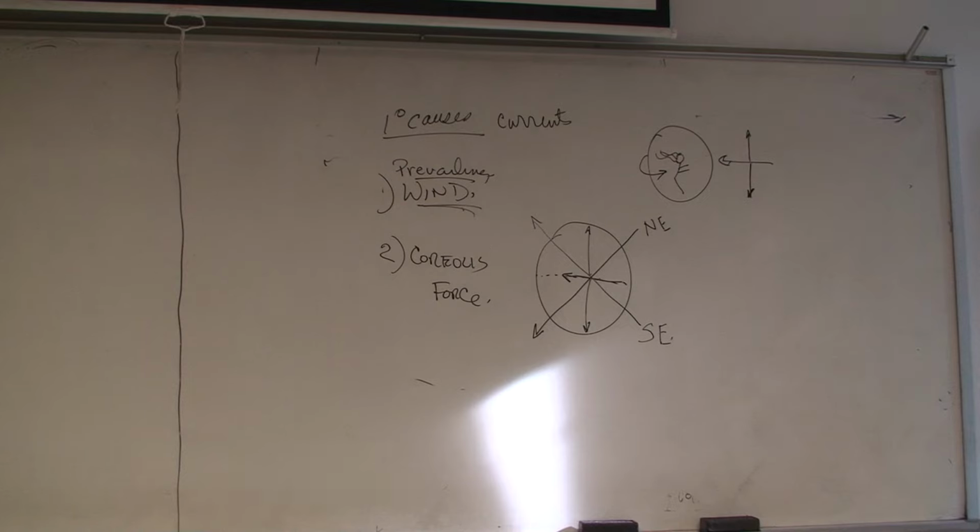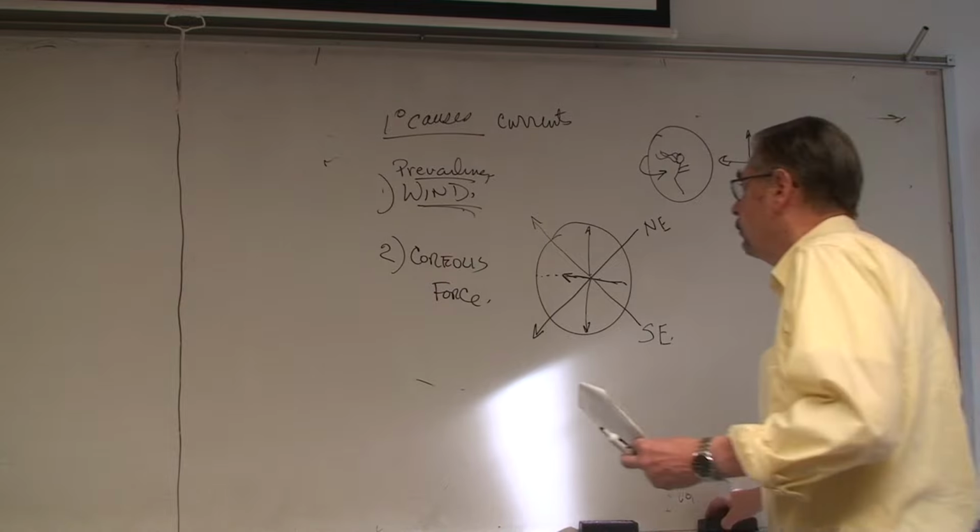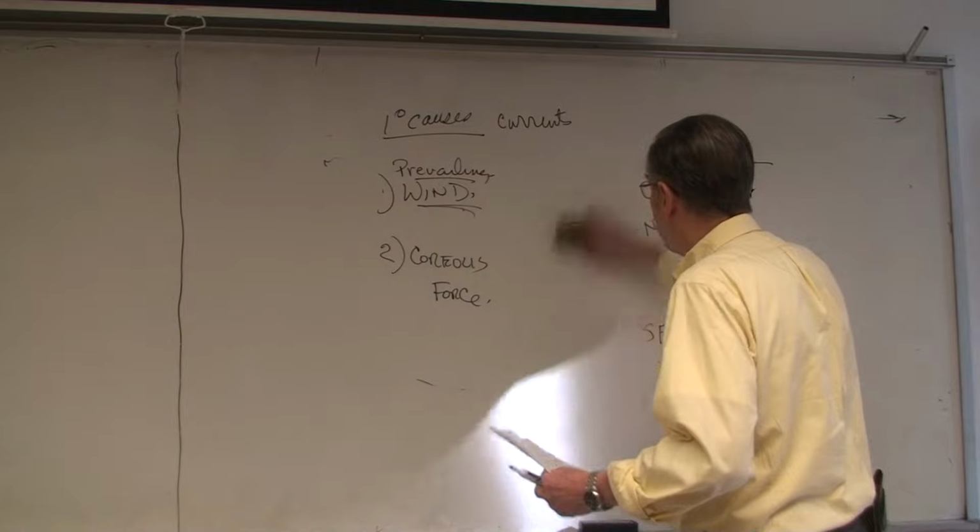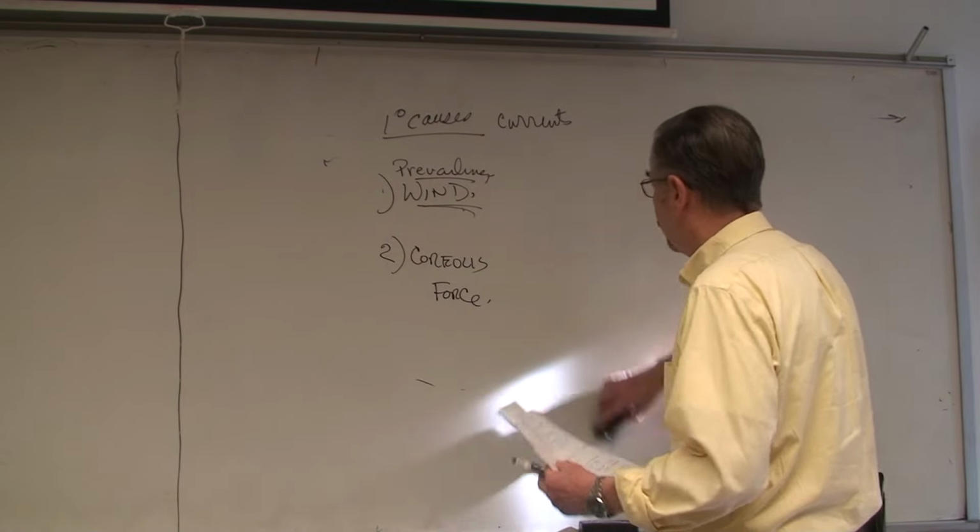So that's where the winds come from, and the winds are one of the primary causes of currents. The winds pushing the water. The second thing we need to consider is the Coriolis force.